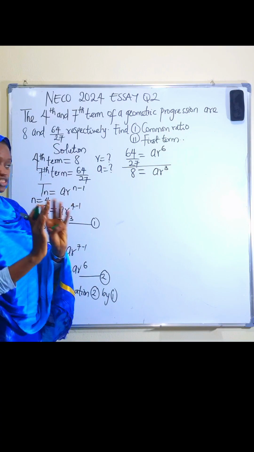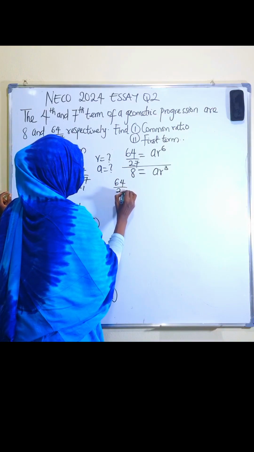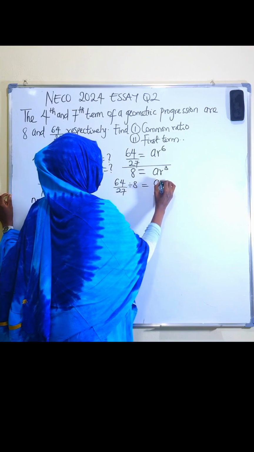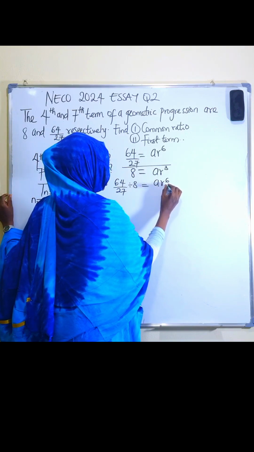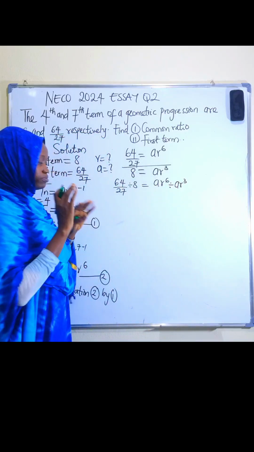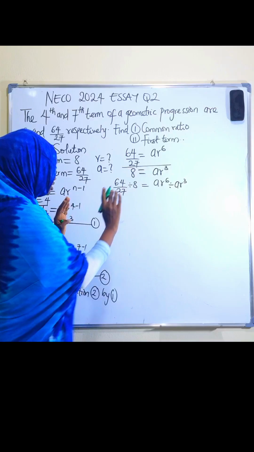Now let's simplify this. This is the same as saying 64 over 27 divided by 8 is equal to AR to the power of 6 divided by AR to the power of 3. I'm going to simplify this as much as I can to the simplest term.